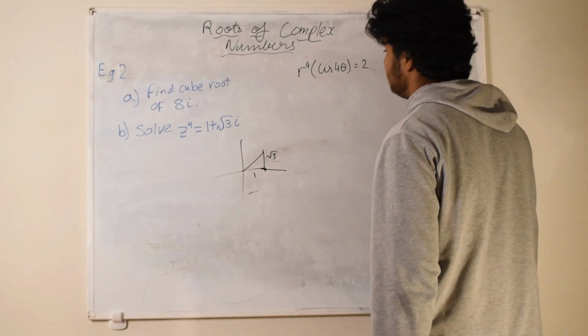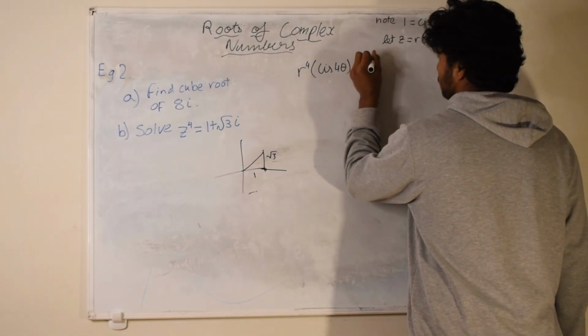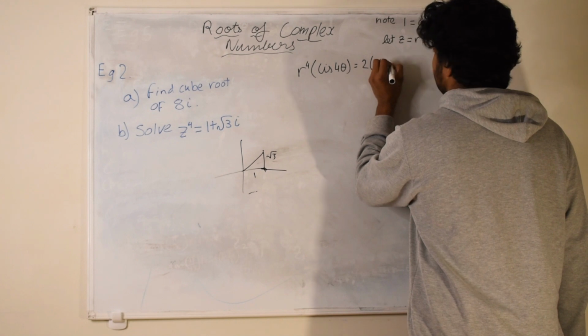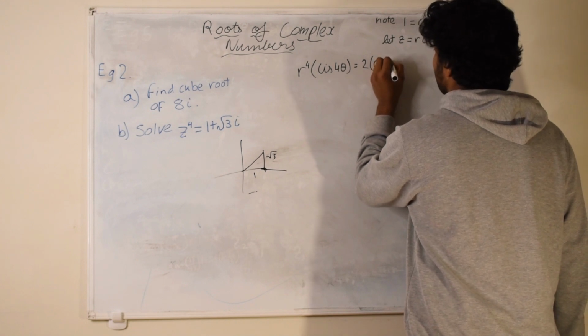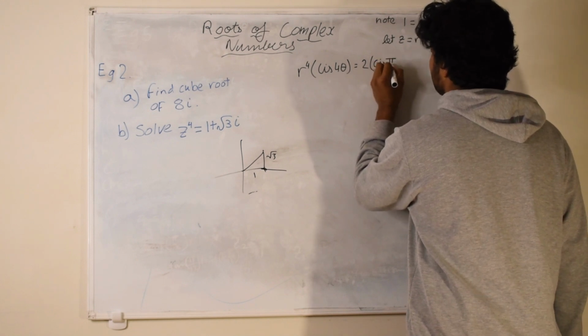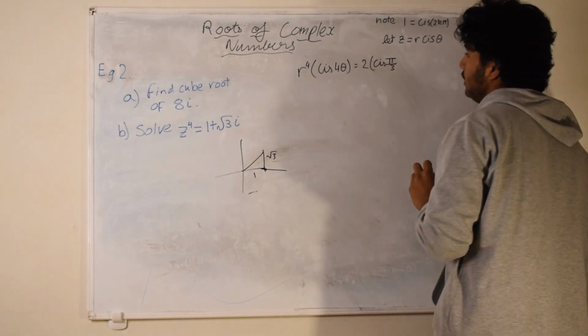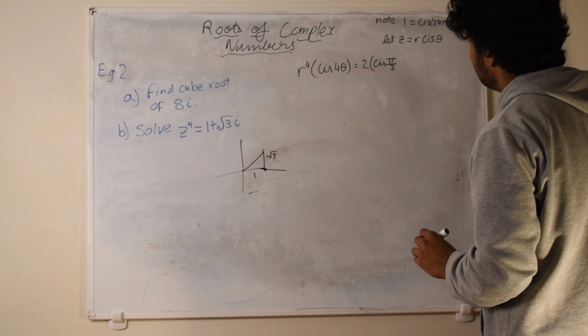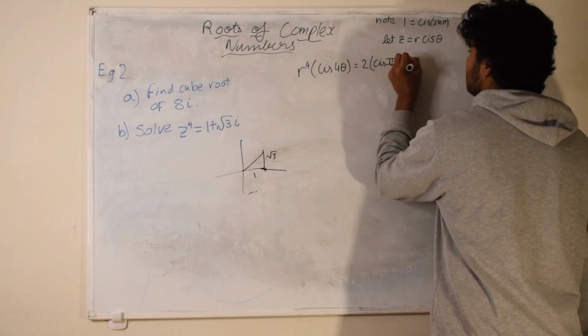So I put that in, so this then gives me 2 brackets cis pi on 3, and then again plus 2k pi.